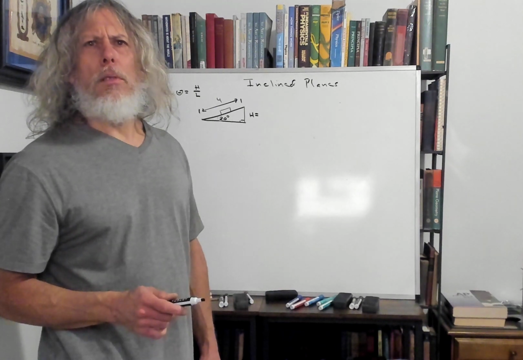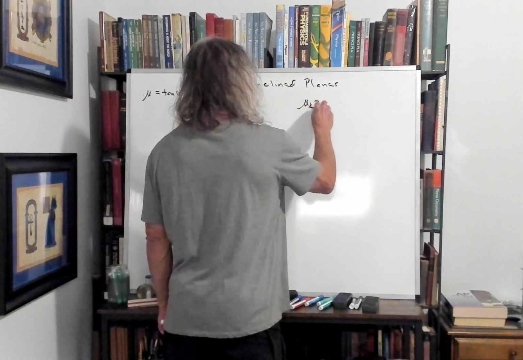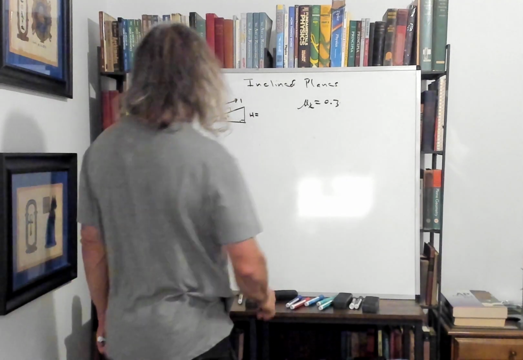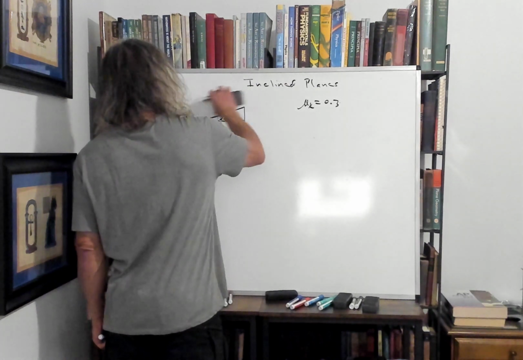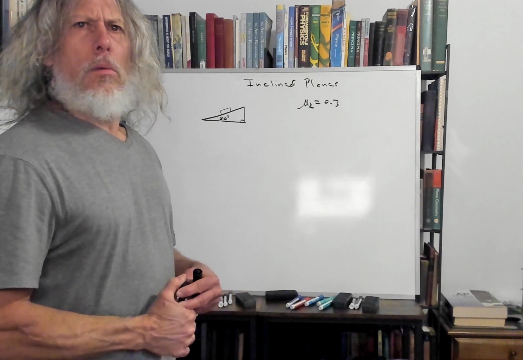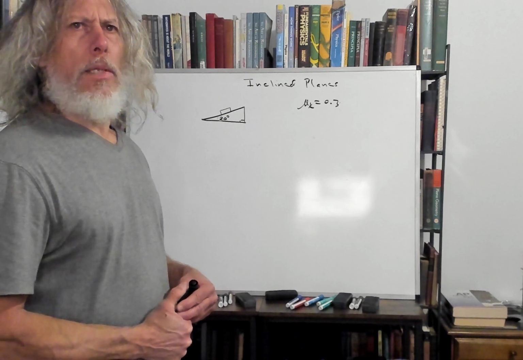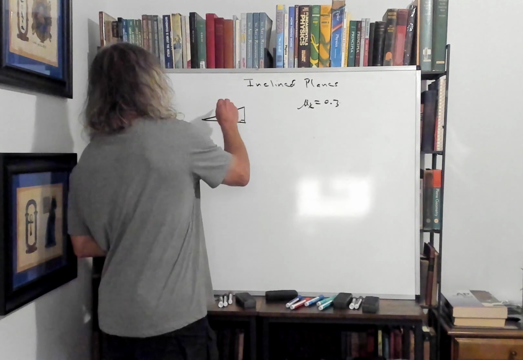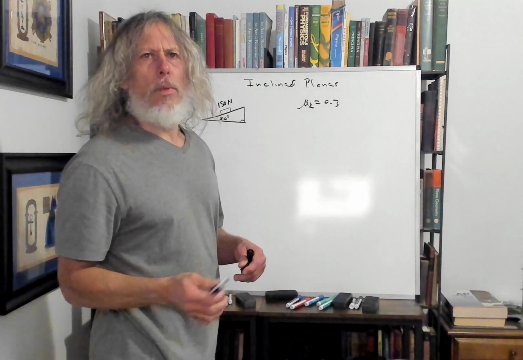The coefficient of friction is 0.3. What force is needed to move the carton up the plane at uniform speed? So the carton weighs 150 newtons, 20 degrees, 0.3.